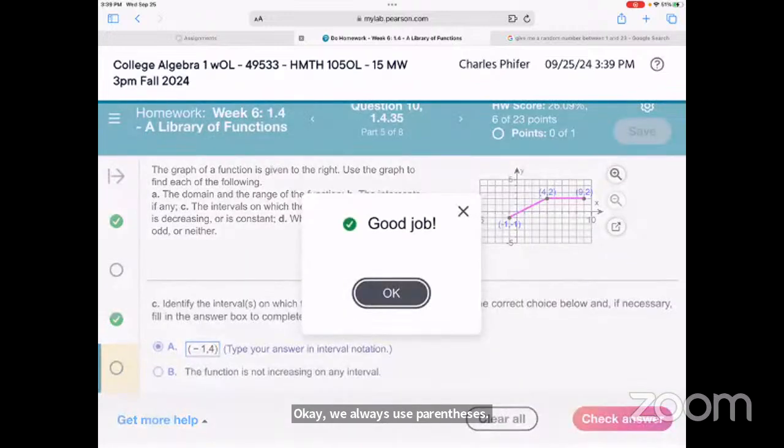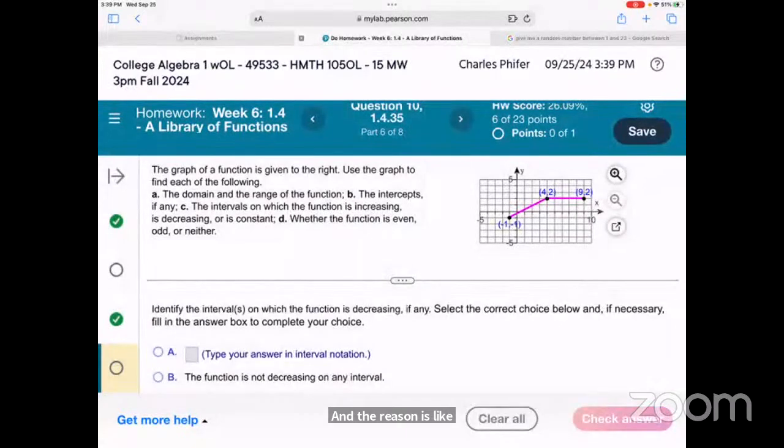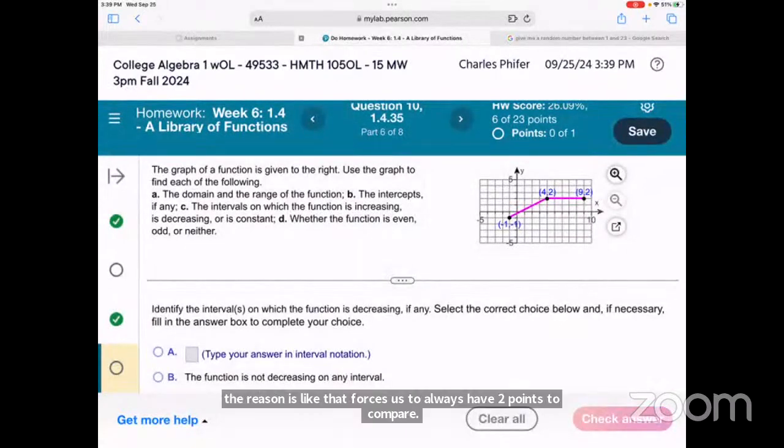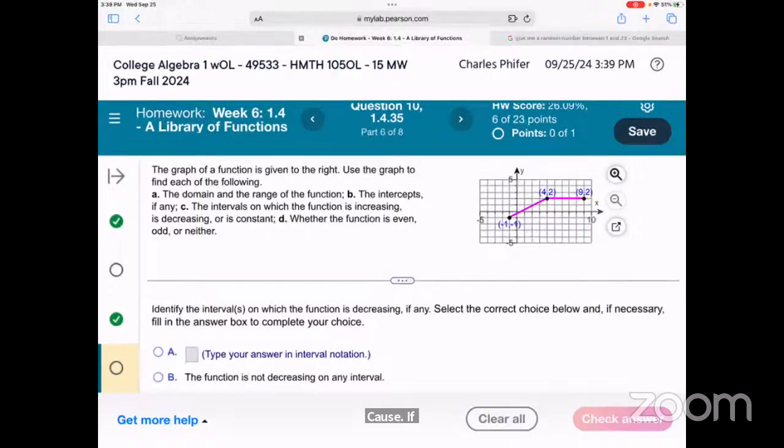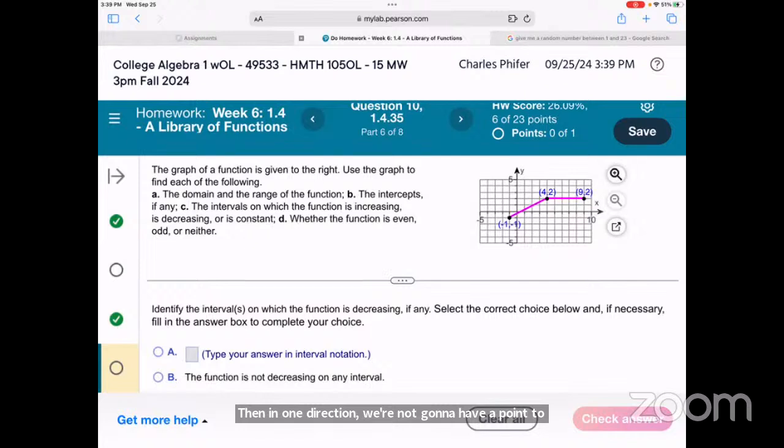The reason is that it forces us to always have 2 points to compare. If we use a square bracket at the endpoint, then in one direction we're not going to have a point to compare it to, so we don't talk about increasing, decreasing, or constant at a point.